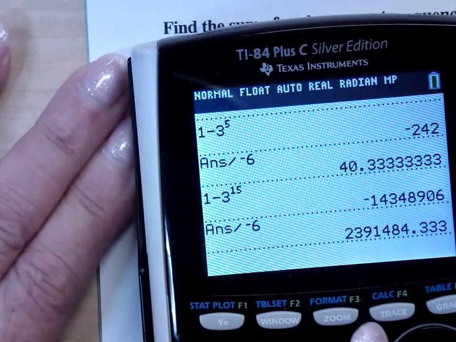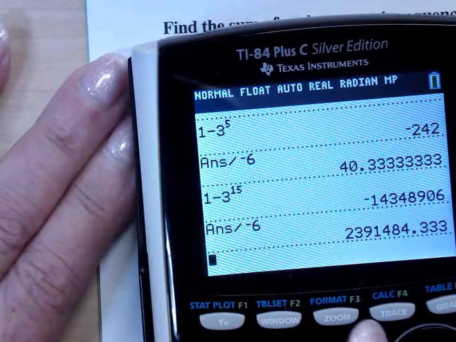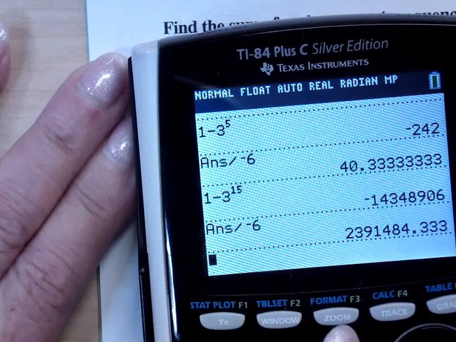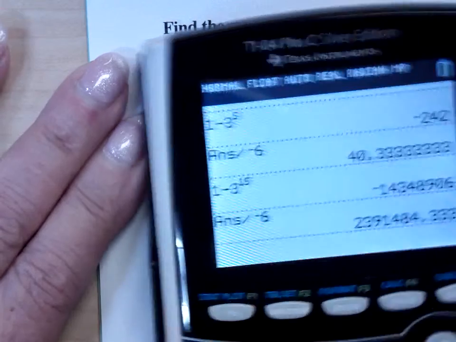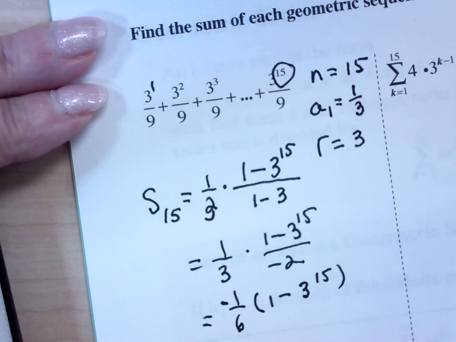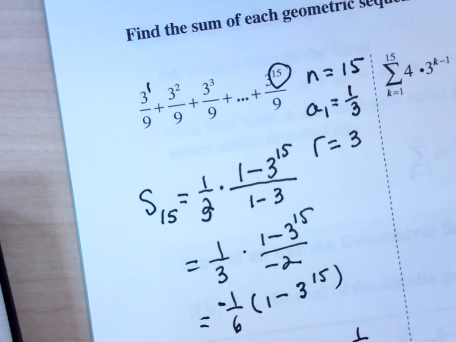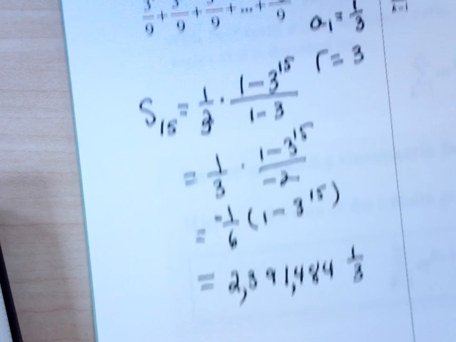So it's 2, 3, 9, 1, 4, 8, 4, and 1/3. These are not going to be pleasant numbers. We're already at 15 terms. So it's 2, 3, 9, 1, 4, 8, 4. And if you wanted to say 0.33, I'd accept it. And it's 1/3. And so 2 million.